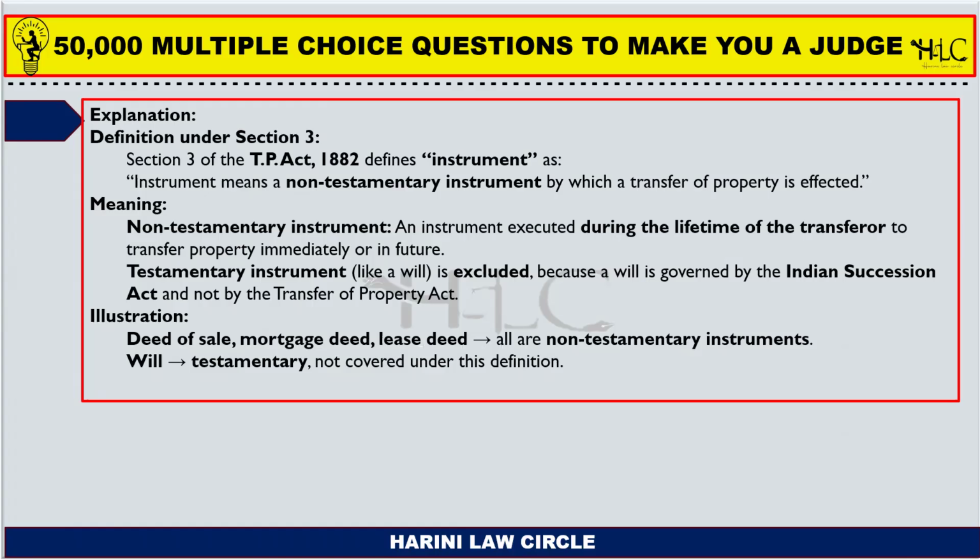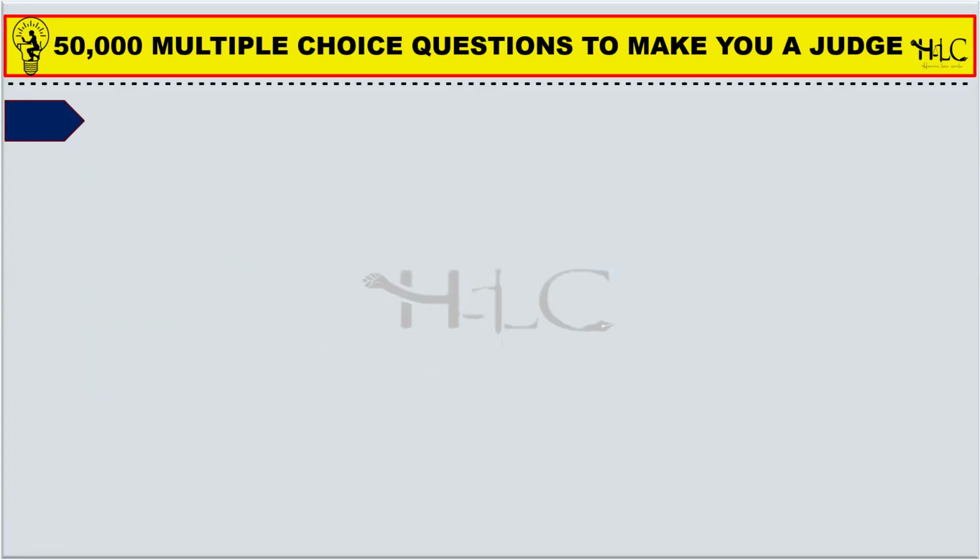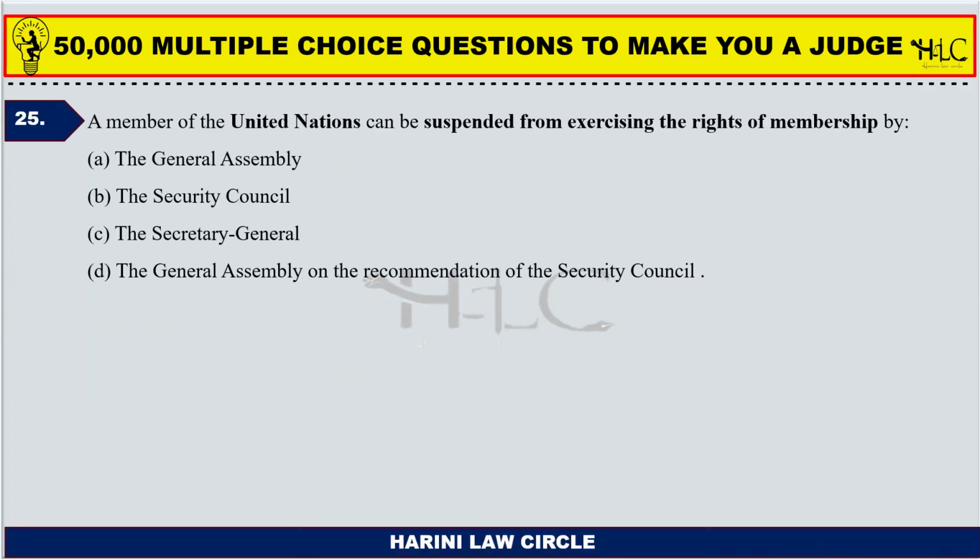So upon the death of an individual, the property is transferred to another person through the will, through a testator. Non-testamentary instruments are executed during the lifetime, from the transferor to the transferee, for transfer of property under the Transfer of Property Act under Section 3.